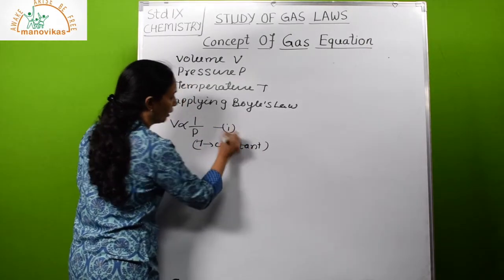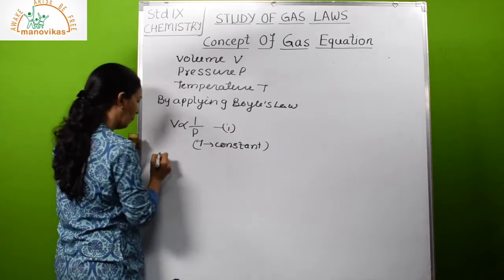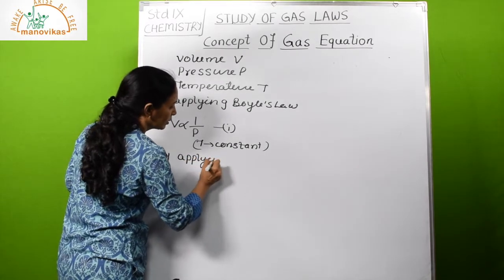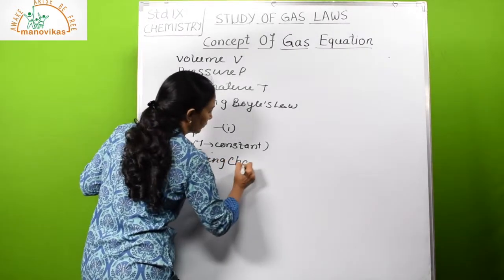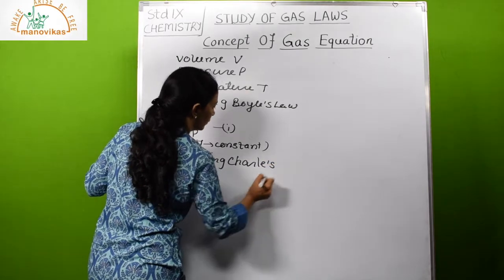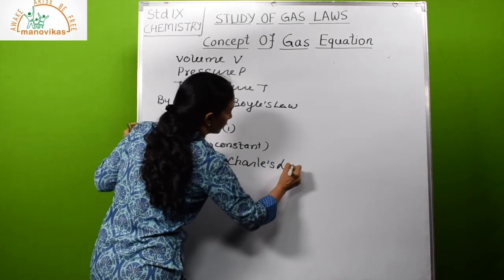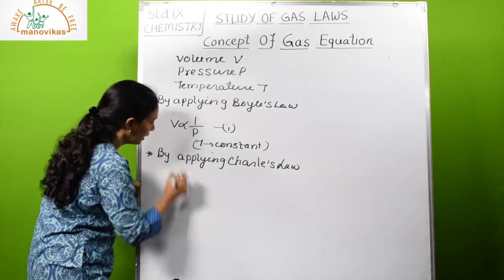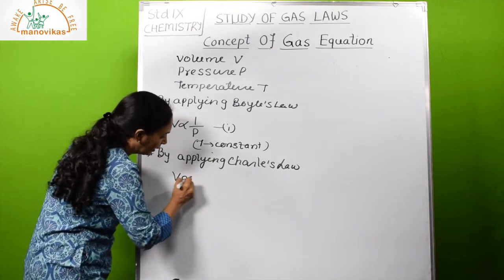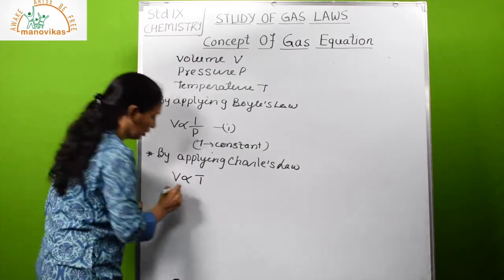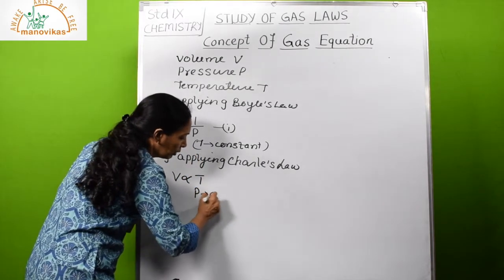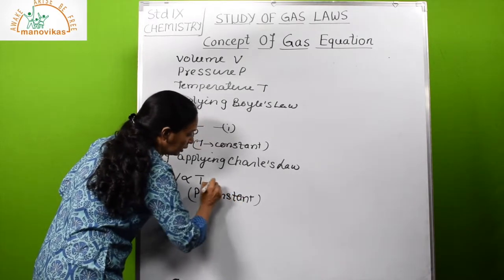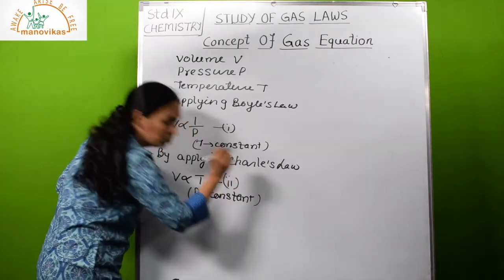Then by applying Charles' law, what is Charles' law? Volume is directly proportional to temperature, where pressure is constant. Take it as equation 2.